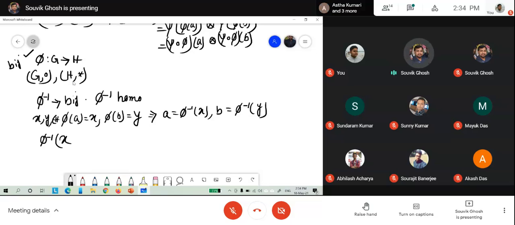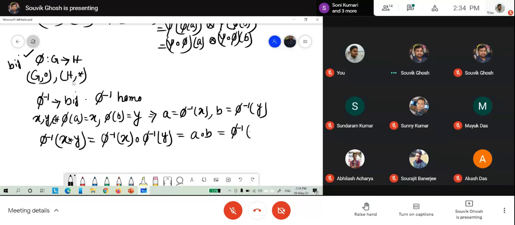So we can write phi inverse of x star y. Using the definition of homomorphism, we can write it as phi inverse x composition phi inverse y. This is nothing but A composition B, so from here we can write phi inverse x composition phi inverse y.